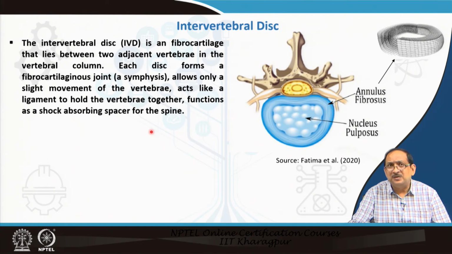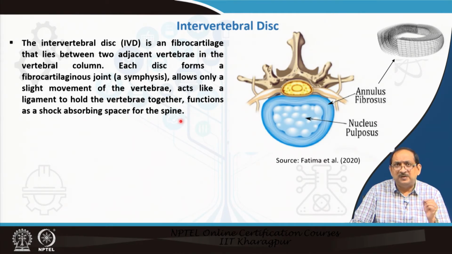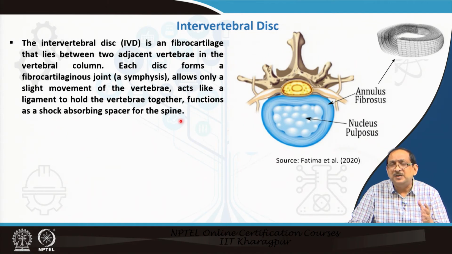Each disc forms a fibrocartilaginous joint, a symphysis, which allows only very slight movement of the vertebra, and it acts like a ligament to hold the vertebra together. It also functions like a shock absorbing spacer within the spinal column.